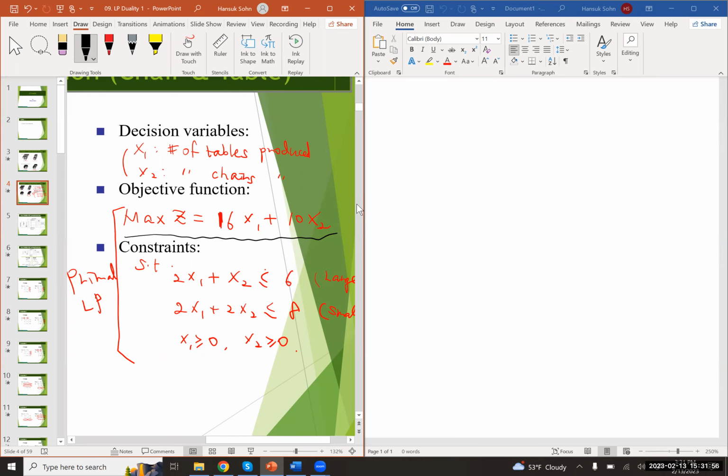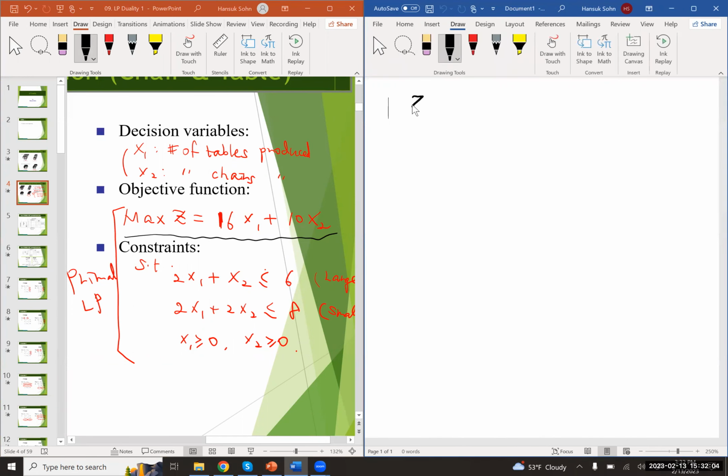So first things first, we want to maximize G equals 16x1 plus 10x2.